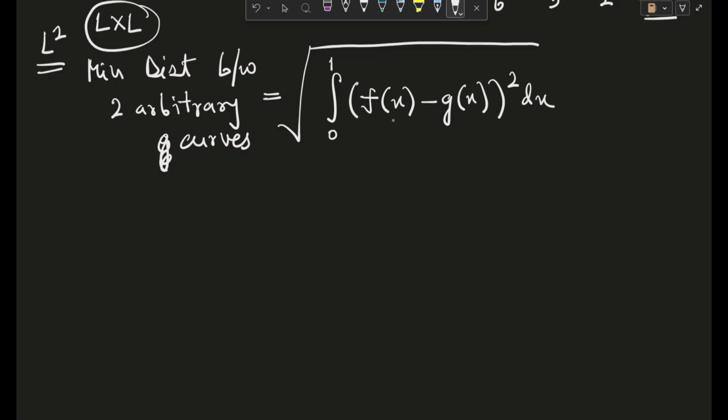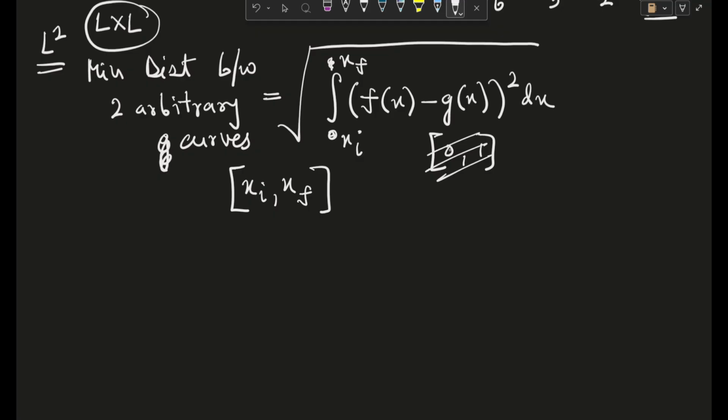And this is for the distance over the interval 0 to 1. Or maybe I will generalize that. If you have x initial to x final as the interval, then you will evaluate this from x initial to x final. That is better. This is a generalized expression. In our question we had 0 to 1, so I wrote 0 to 1. Okay, so this is it.